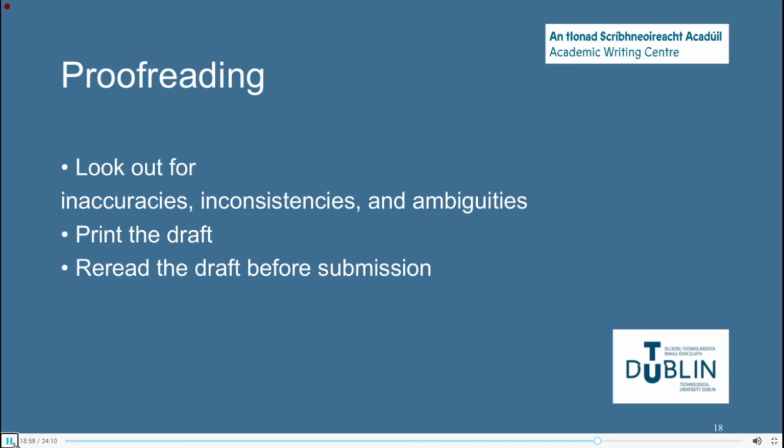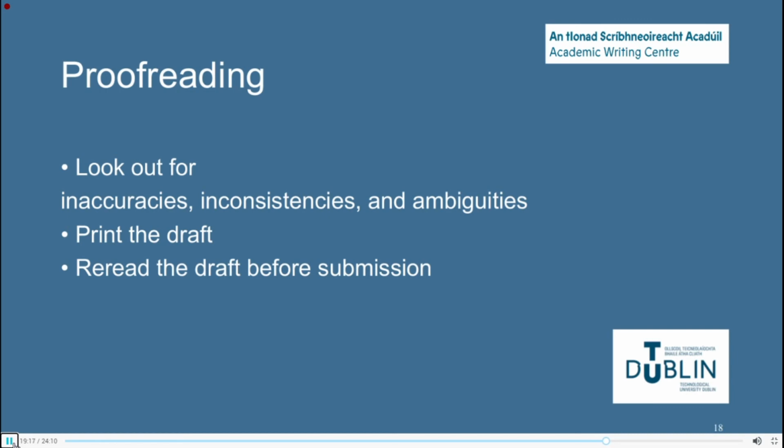It is advisable to print a draft of your literature review and proofread the text on paper. Make the corrections on paper and transfer them to the electronic copy before you submit your literature review to your lecturer.